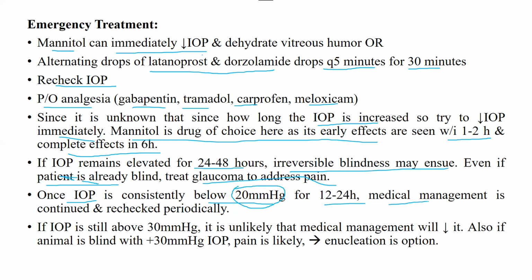No. Keep the medical management and recheck the eye periodically. Or if the IOP is still above 30 mmHg, it is unlikely that medical management will decrease it. Also, if the animal is blind with 30 plus IOP, pain is likely, and enucleation is an option. Again, I have already discussed this point, so that point is repeated.